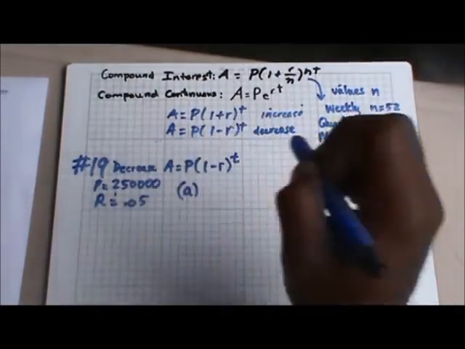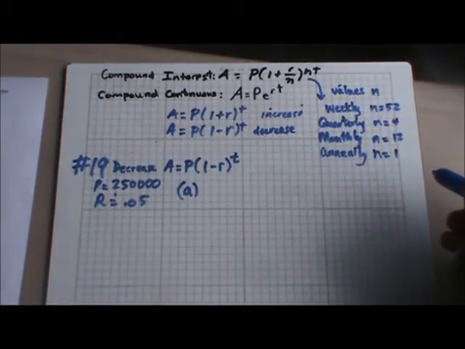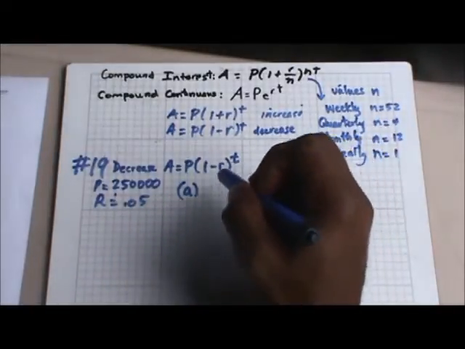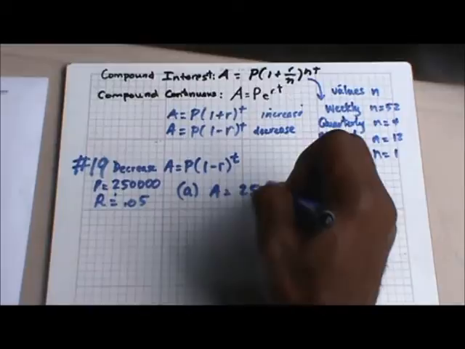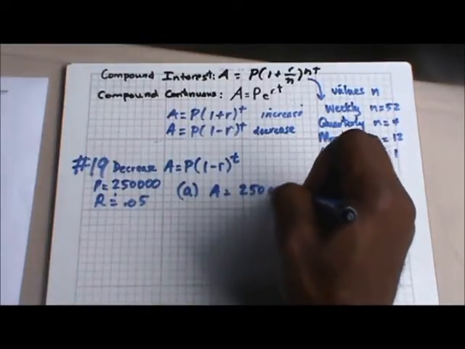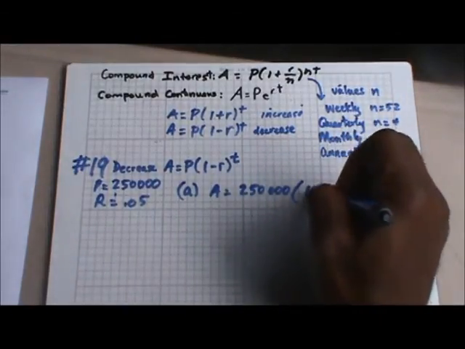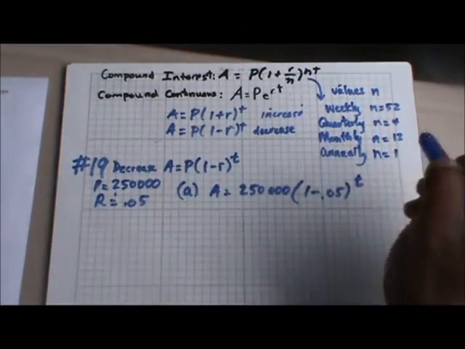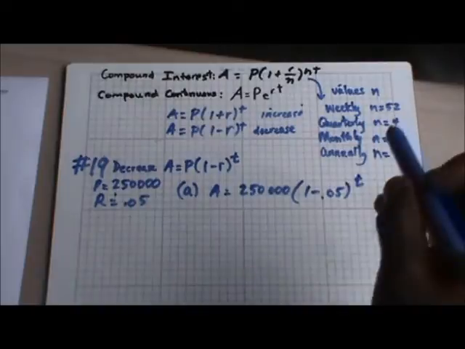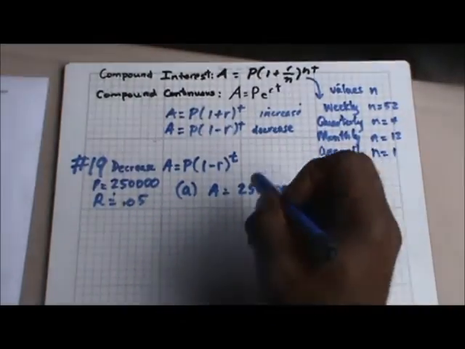Let's answer the question. A, write an exponential model that describes the situation. A is equal to 250,000 times 1 minus 0.05, to the t. If you want to simplify this, you can.